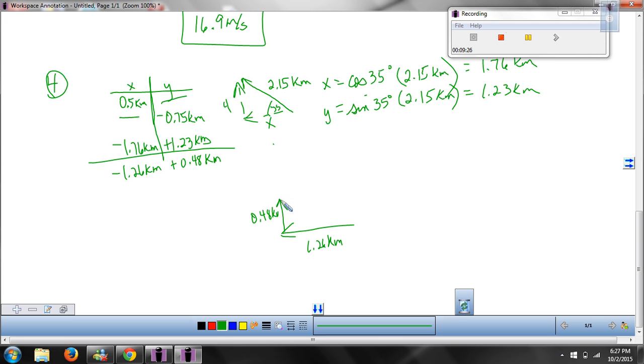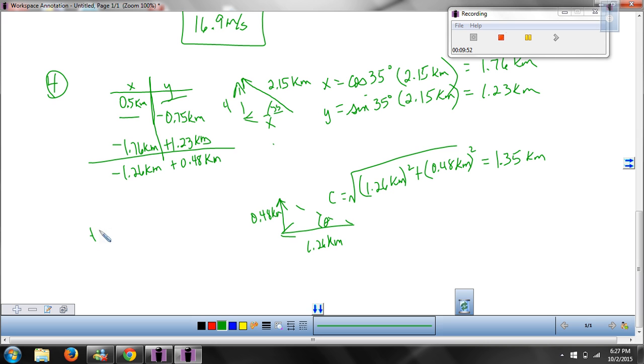I do my Pythagorean theorem. So C is going to be the square root of 1.26 squared plus 0.48 kilometers squared. So when I did that, and I did it correctly, I got 1.35 kilometers. And I need this theta.